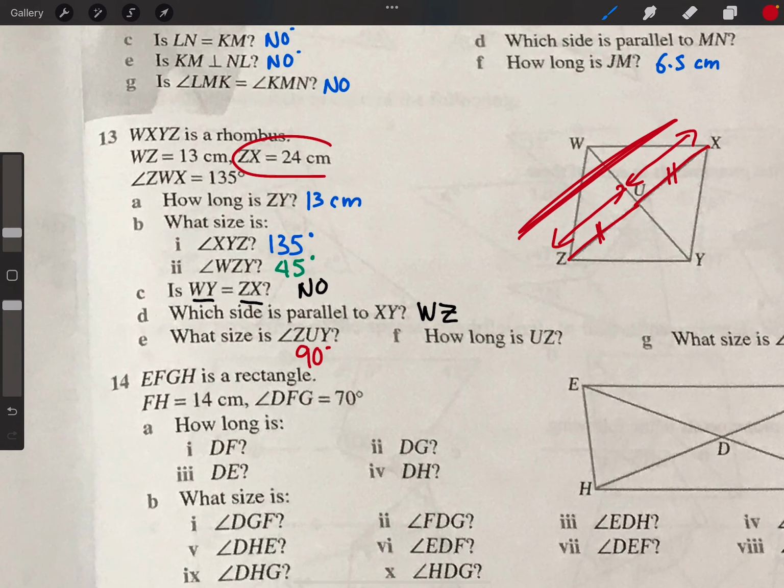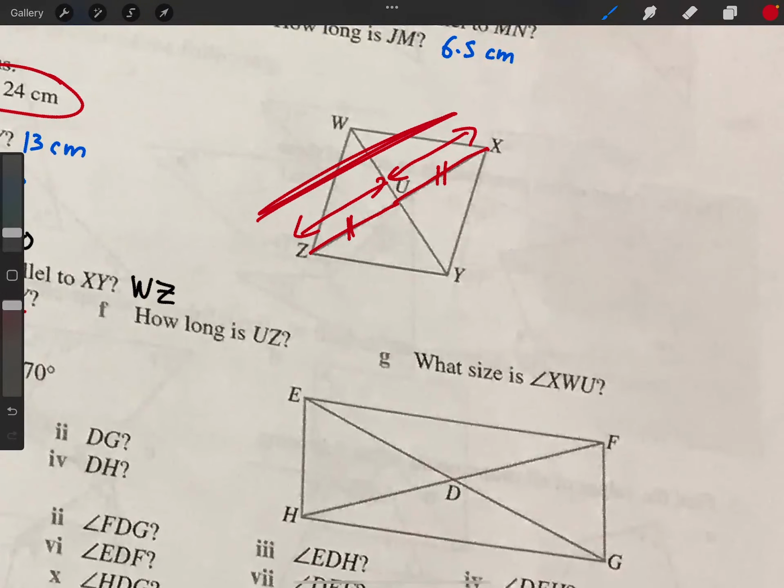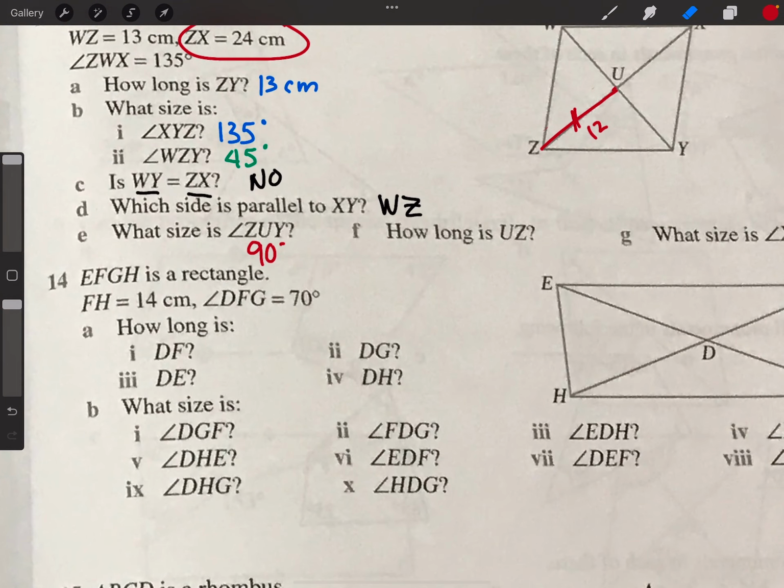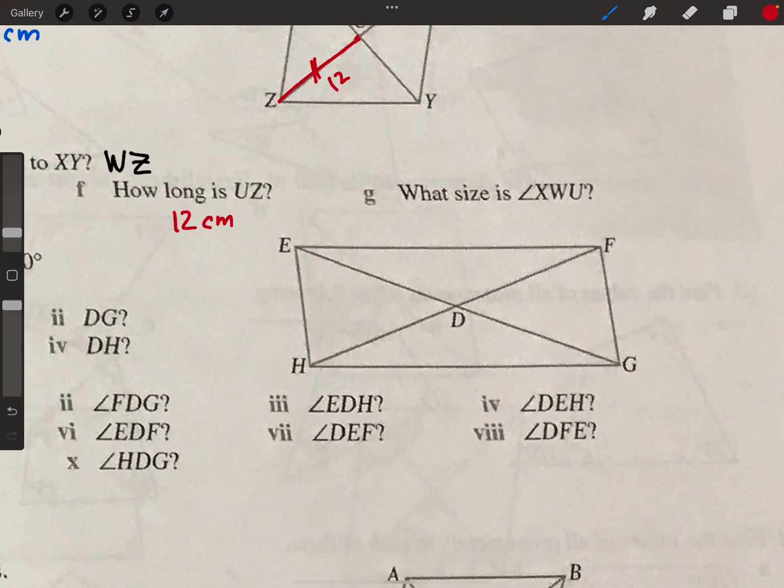XZ is 24. We re-established that, so that whole thing is 24. So 24 divided by 2, this must be 12, and this must be 12. So UZ is just 12 centimeters.